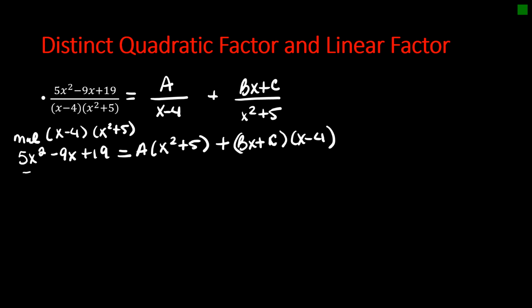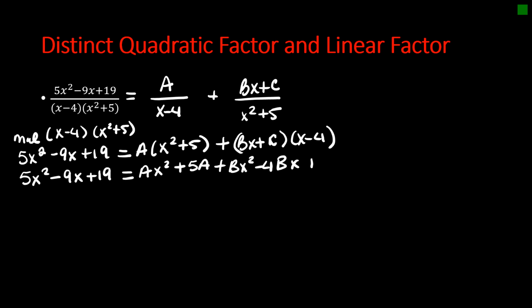Our next step is to go through that right-hand side, multiply, collect like terms, and write it in descending order. If we distribute our A, we have Ax squared plus 5A. If we use FOIL here, we're going to have Bx squared minus 4Bx plus Cx minus 4C.